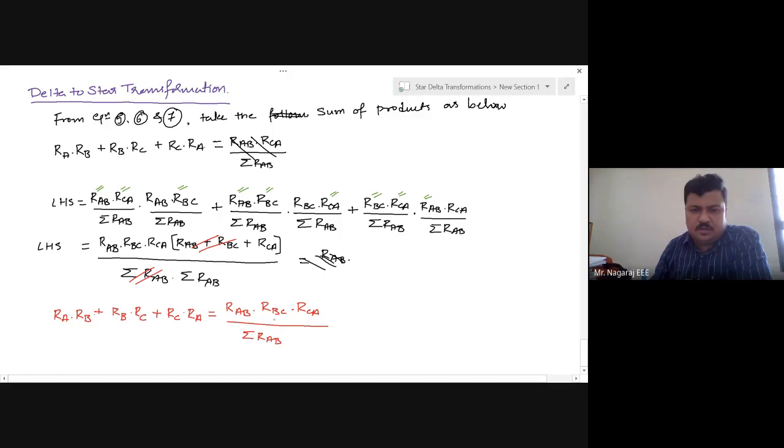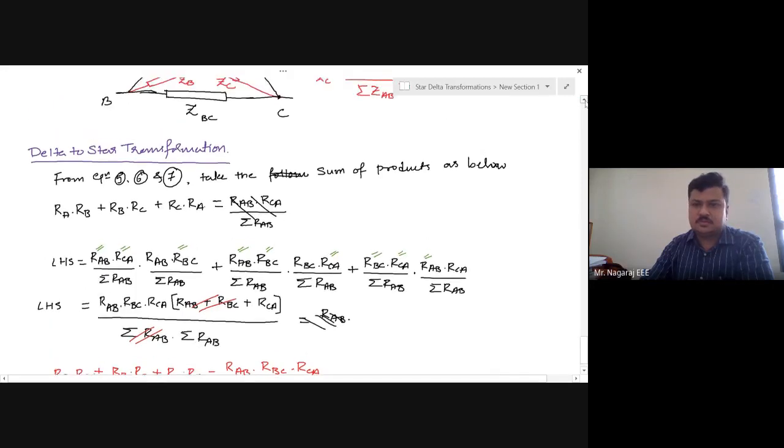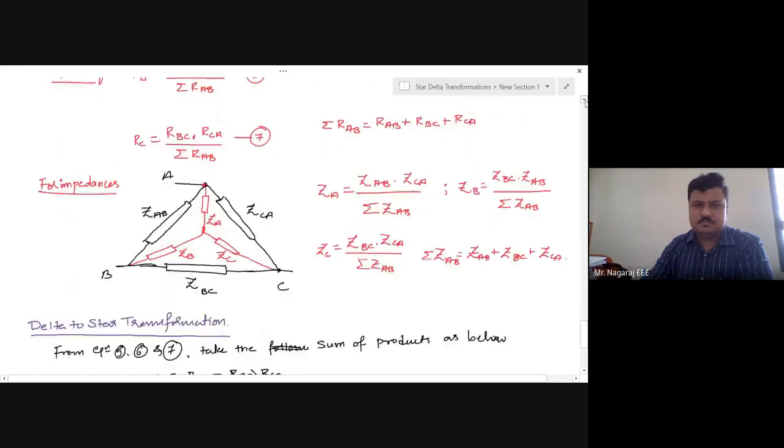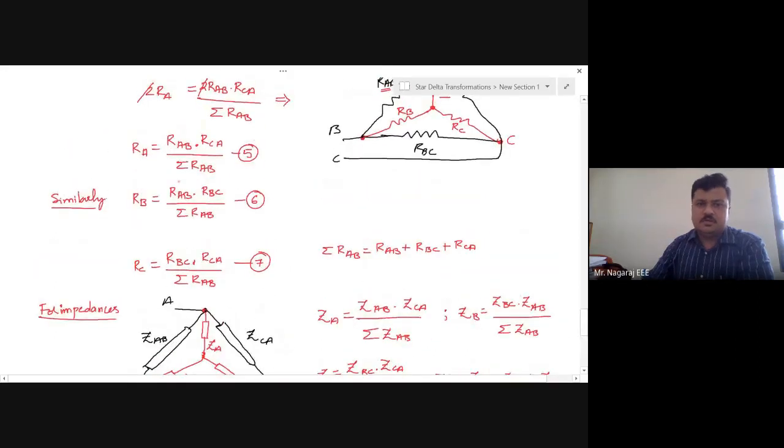RAB into RBC divided by summation RAB will give us, from equation 6, RB.